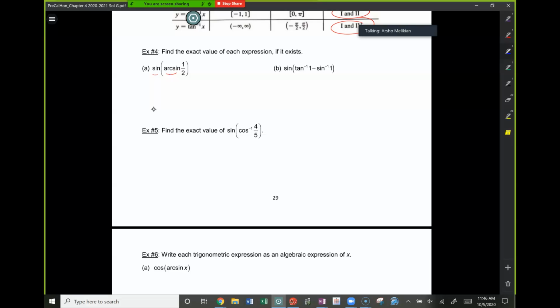They make each other go away. So really, when you have the same function but inverse of each other, you can just say the answer is 1/2. The only thing you have to be careful of is to make sure it's in the domain.